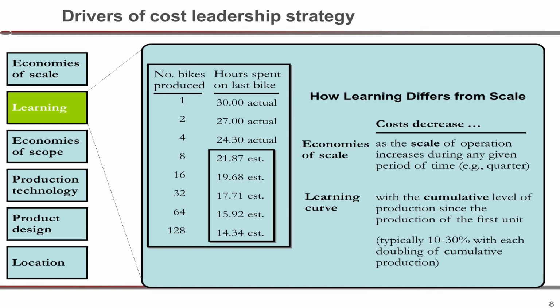And that falls in the typical amount of 10 to 30% improvement every time you double the amount of total units produced. So once you have established what that is, it allows you to sort of estimate your future improvements that you'll make as you increase the cumulative learning from doing things again and again.